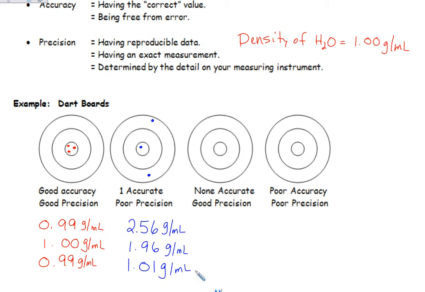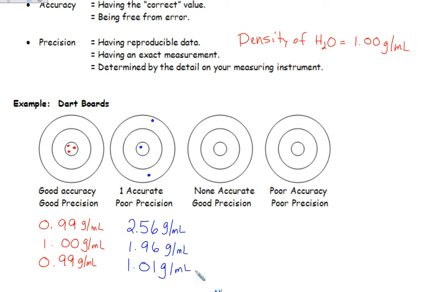That happens, as long as you can explain that in your conclusion. So we would explain that we made some errors in trials 1 and 2, and we corrected those errors by the time we got to trial 3, because we finally got some accurate results. So I'd want to explain what kind of errors might have occurred in trials 1 and 2. Overall, poor precision, but I finally got one accurate result.